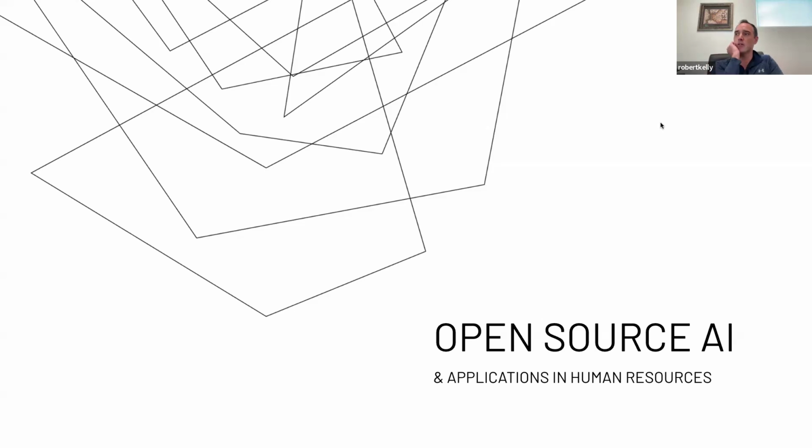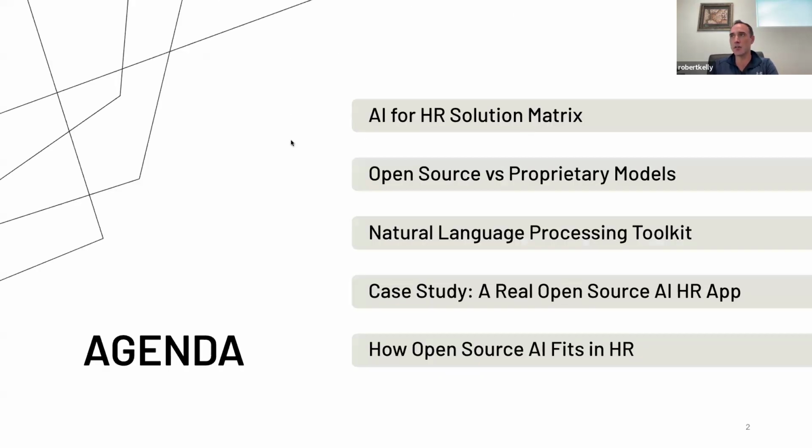So we're going to talk about open source AI today, and specifically how we think it fits in the AI for HR puzzle. And we're going to cover a matrix that we put together, a sort of framework for how to think about adopting AI solutions for HR. We'll talk about open source versus proprietary AI models and what models are.